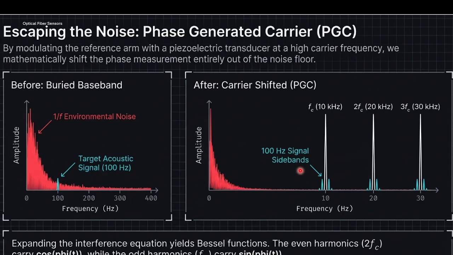Expanding the interference equation yields Bessel functions. The even harmonics 2fc carry cos phi t, while the odd harmonic fc carries sin phi t. So this is how it changes the signal quality using the phase generated carrier.